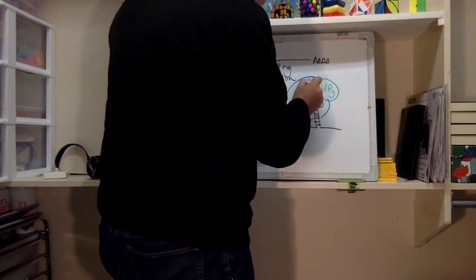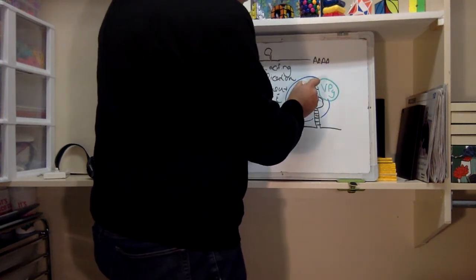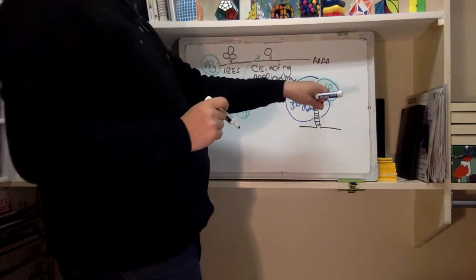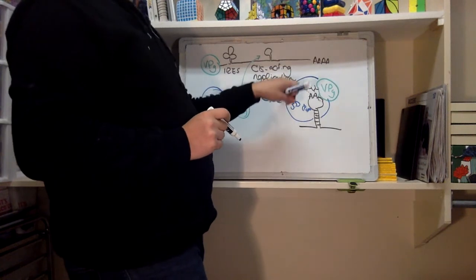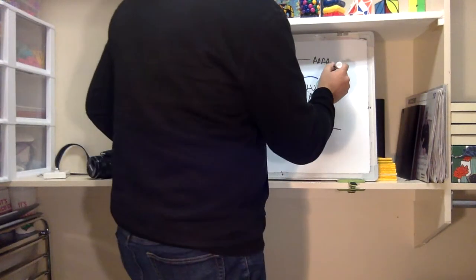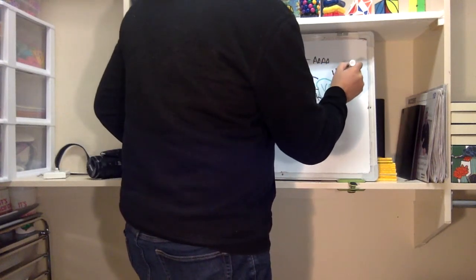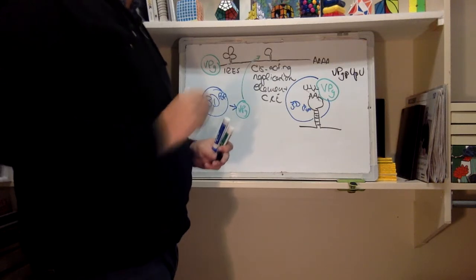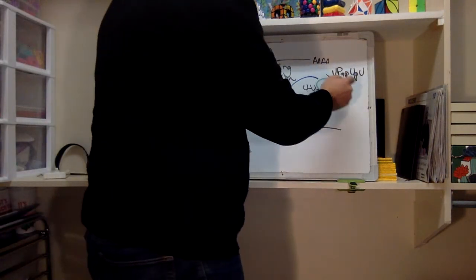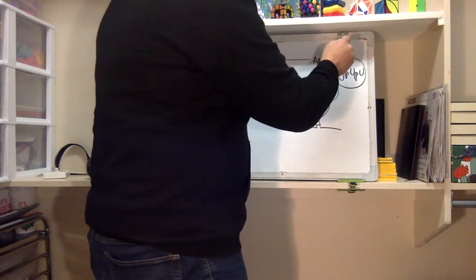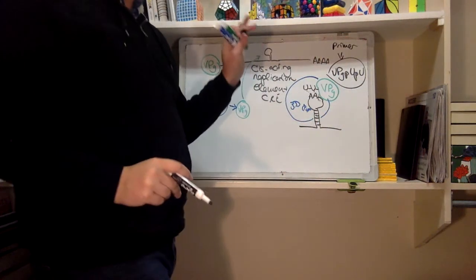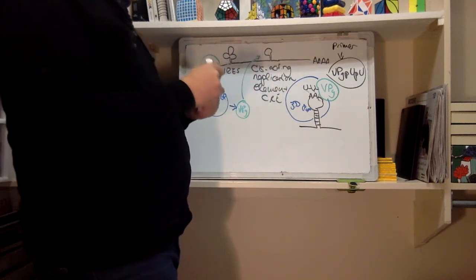We're going to add on a U to match that A, and we're going to add on a second U to match that A. So we're going to turn VPG into VPG with two U's at the end. And so one name for that is VPG, and then a phosphate, and then a U, and then a phosphate, and then a U. Like VPG-pU-pU. And that is the actual primer. And that's its ready-to-use form, VPG with two U's on the end of it.